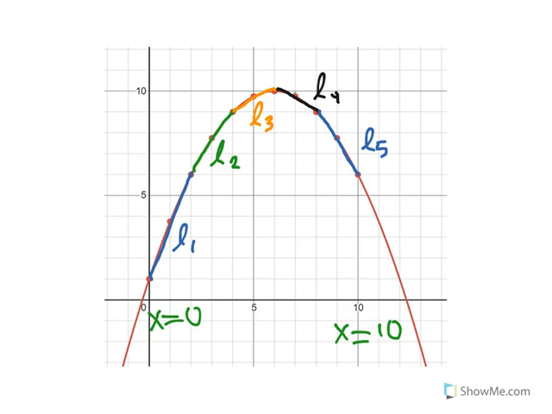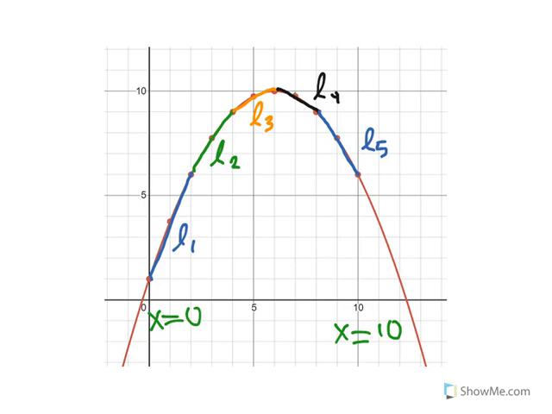So you can see that when we use these 5 line segments and find the length of each line segment using the distance formula and add these 5 line segments together, that's going to be a pretty good approximation for the length of the arc. And the idea is the more line segments you have, the better the approximation. And tomorrow when we derive the definition of arc length, we're going to start with the distance formula, and then we're going to have a Riemann sum that represents the sum of the lengths of several line segments.